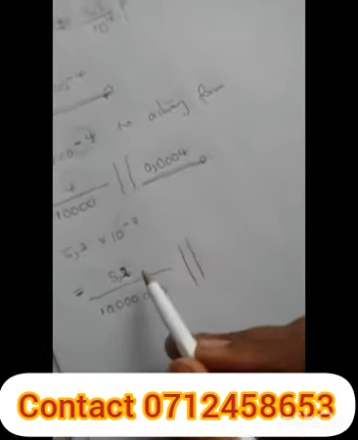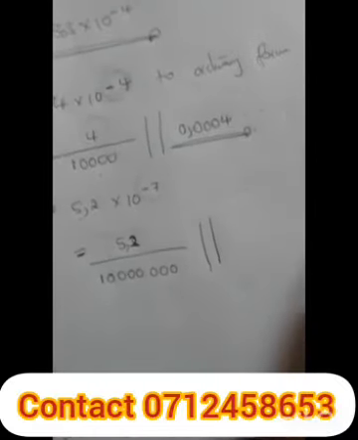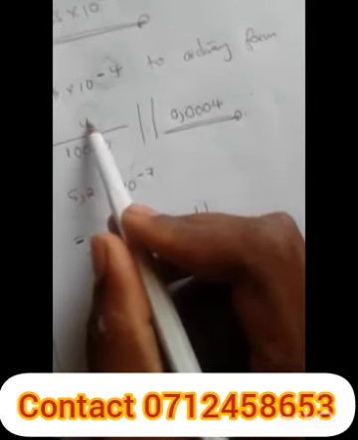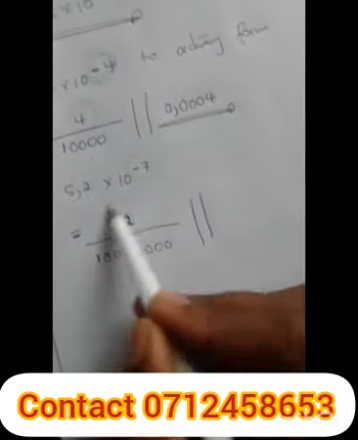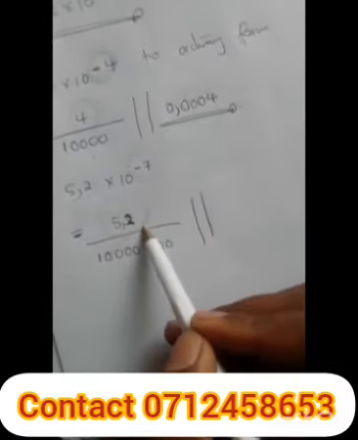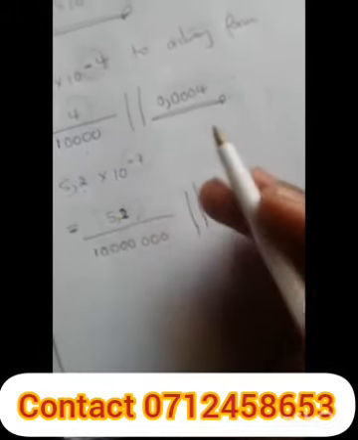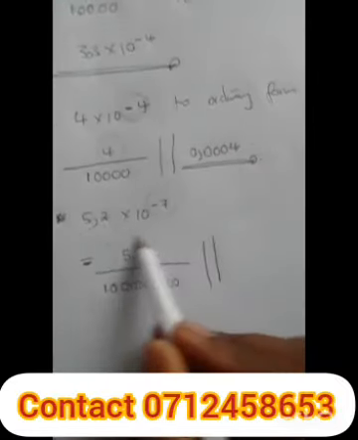Initially, your number will not be having 7 numbers after the comma, but here what made us have 4 numbers after the comma is because we already had a single number, but here we've got a double number, 5.2. 5.2, if you dissolve the comma, is the same as 52. Are we there? So we can't attain the same thing as here, it's different.